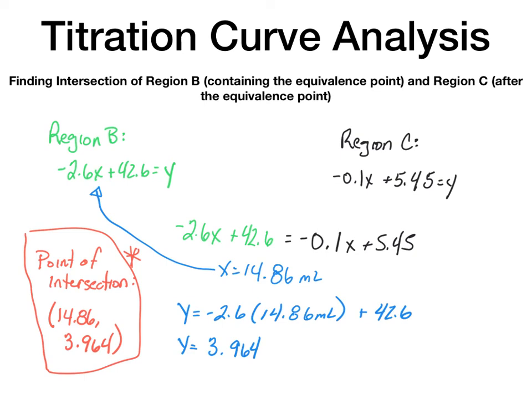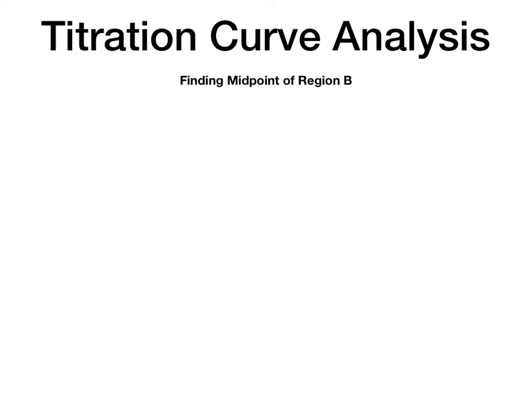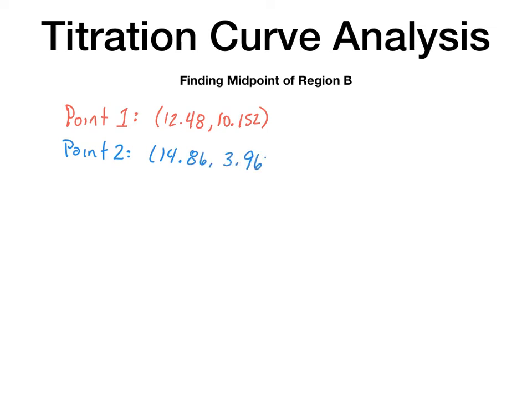Okay, so now I need to find the midpoint of region B. And so I have my point of intersection between regions A and B. My first one is 12.48, comma, 10.152. And point 2, my lower point of intersection between region B and C, is 14.86, comma, 3.964.